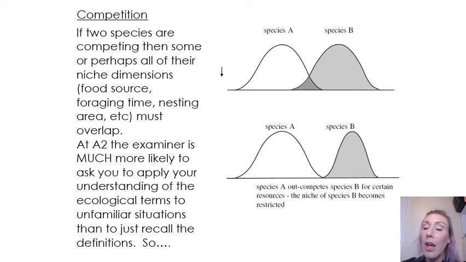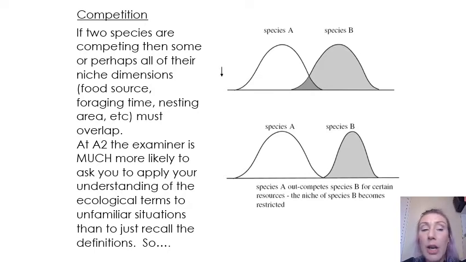Okay, so this diagram illustrates what would happen if there was an overlap of niche between two different species. So if two species are in competition, so perhaps some element of the niche does overlap, over time, the better competitor will outcompete the other for that particular resource.